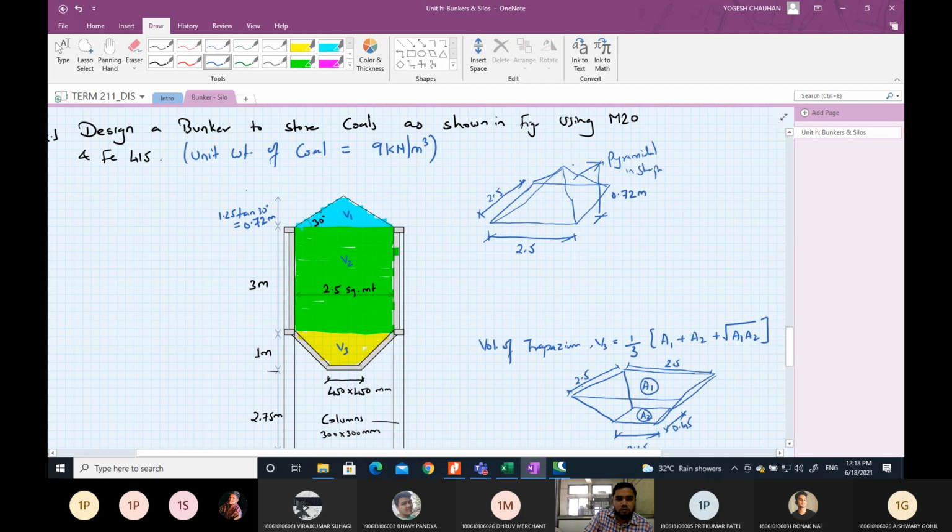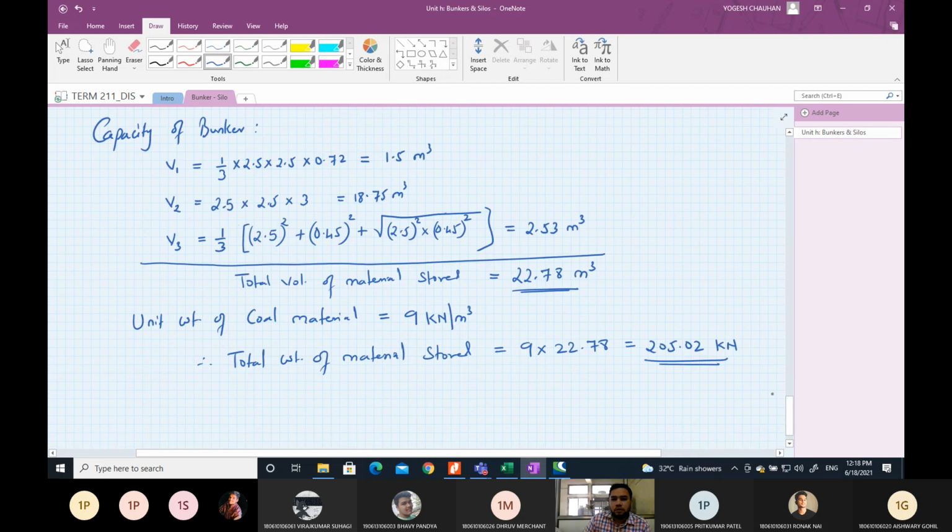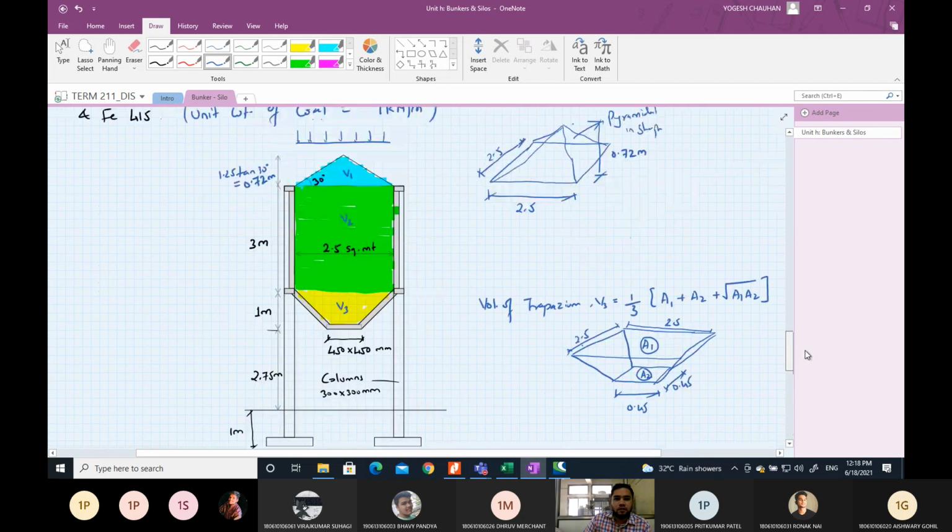So if you remove this material, this bunker will be subjected to total vertical load of 205.02 kilonewton. Okay.